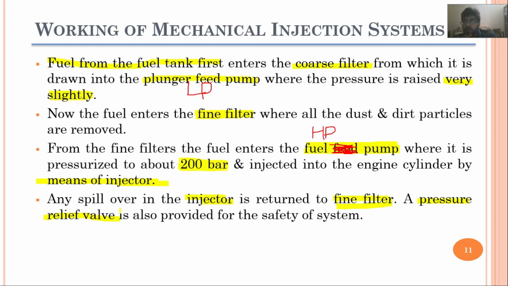If there is an increase in pressure due to any abnormality, then the pressure relief valve will be opened, and that excessive pressure would be released from this pressure relief valve. It is a safety instrument for your device.